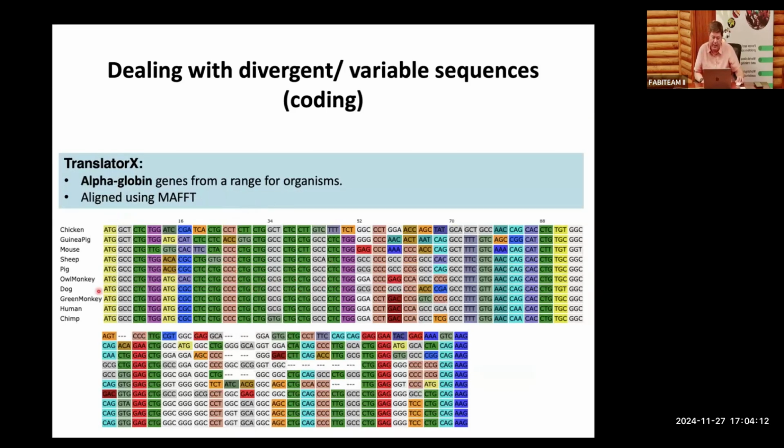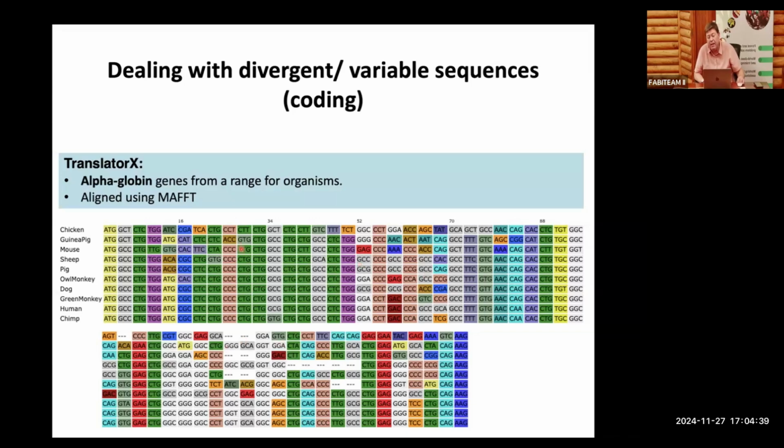An alternative is TranslatorX. What's nice about TranslatorX is that it shows you the codons in color, so you can very quickly see where there are codon differences. These might be of very great value to you. You can also see where there are deletions, and one can see that there are 3 dots or 3 gaps here. Of course, that's a codon that was deleted in this organism.